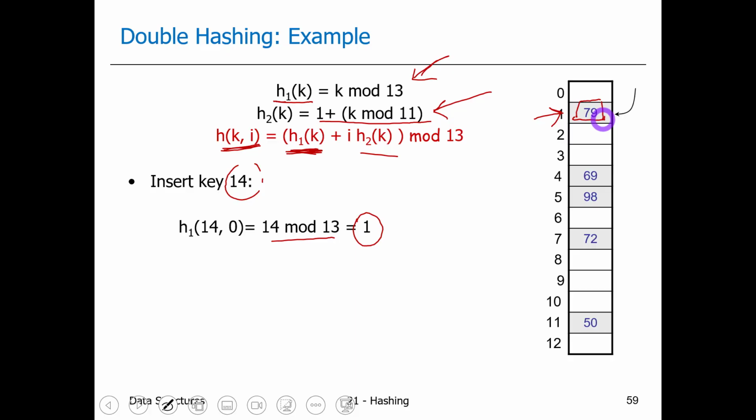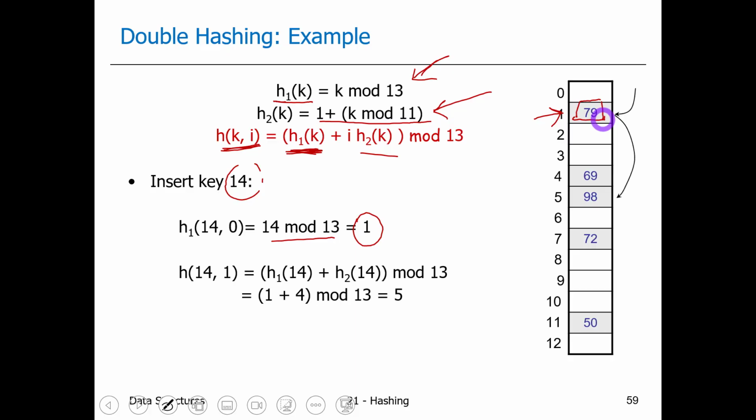So when that has occurred, we will go to i equals 1. i was 0 at first, now we will use i equals 1. So we have to calculate h(14, 1). Expand this formula. The first thing is h1 of 14, then h2 of 14. h1 of 14 we have already calculated, and it is 1. Simply put that here. Then we calculate h2 of 14, which is 1 plus k mod 11.